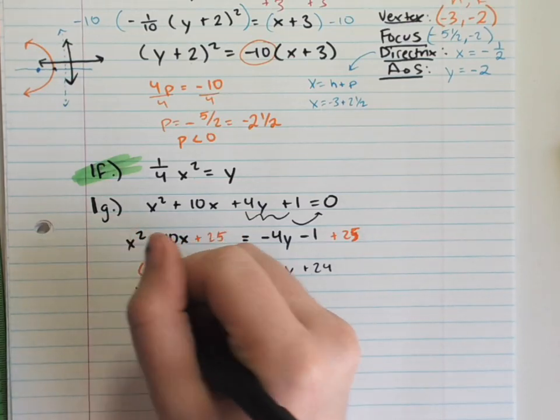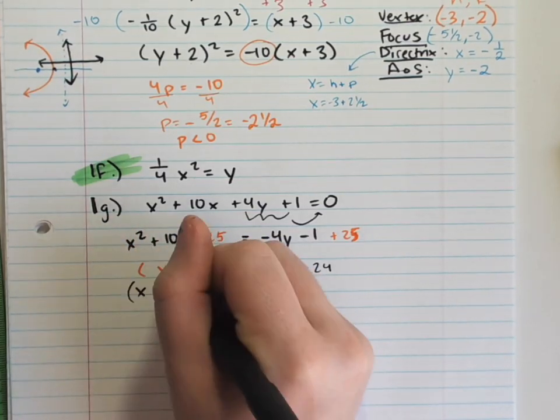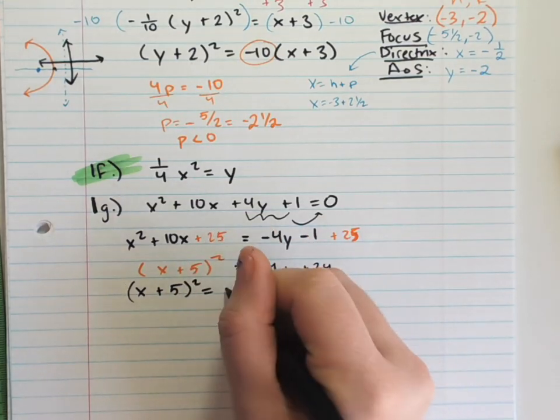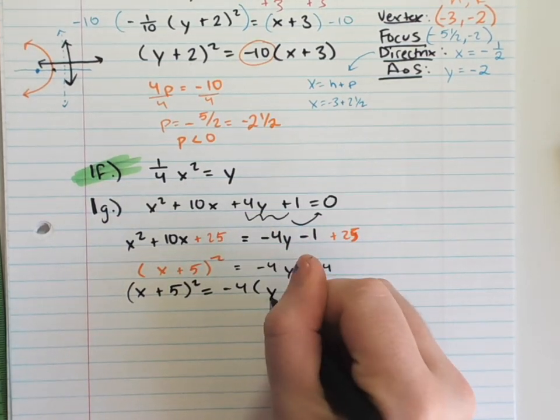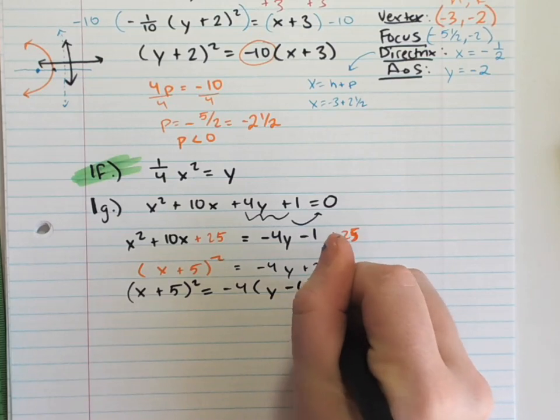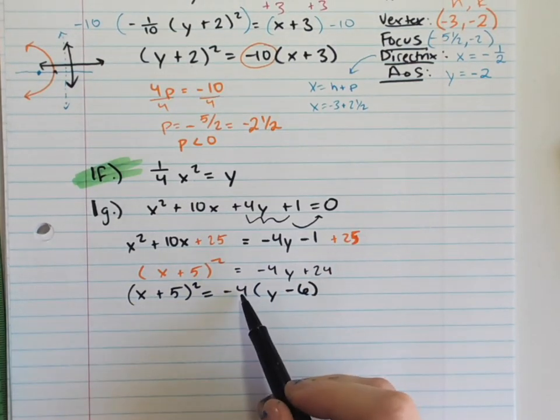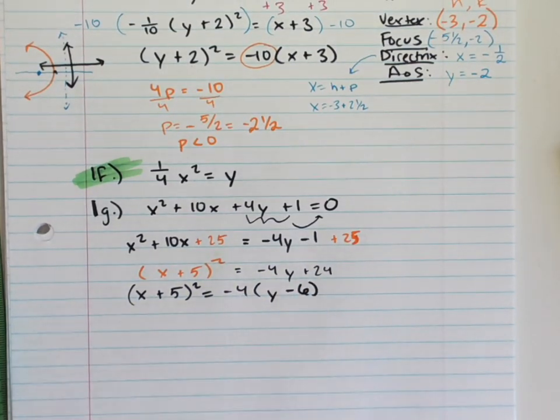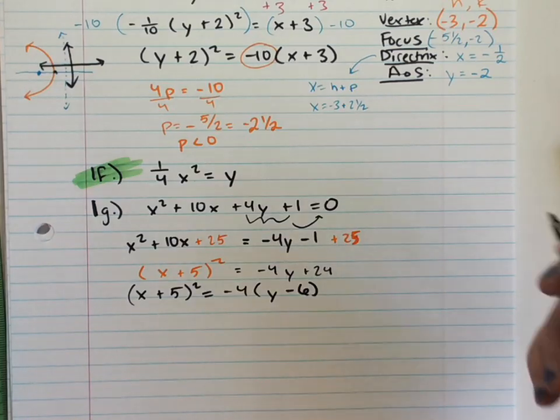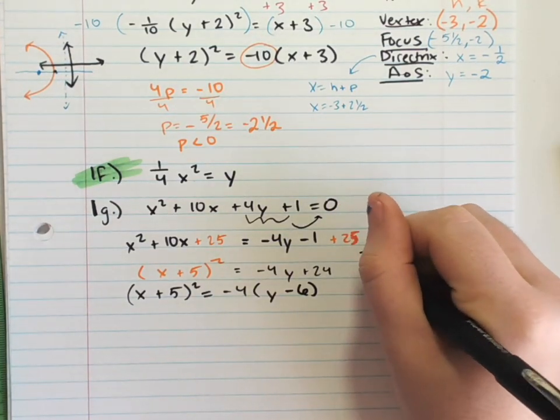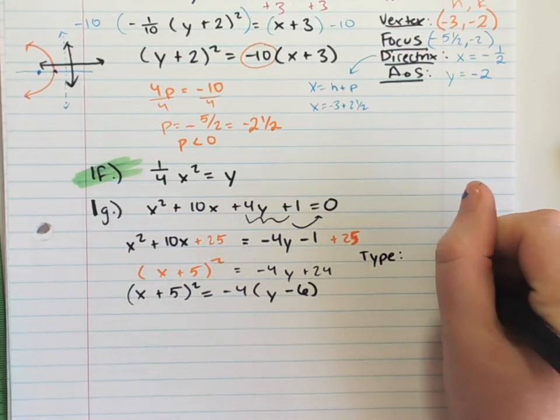So it's going to read x plus 5 squared equals negative 4 times y minus 6, because if I were to redistribute that negative 4 in, I would have that top line above. Cool. So let's talk about type and direction.